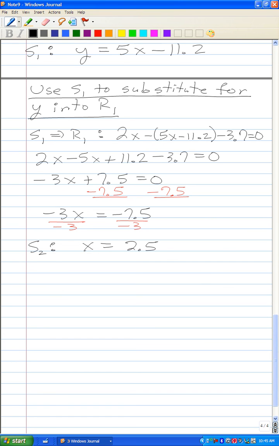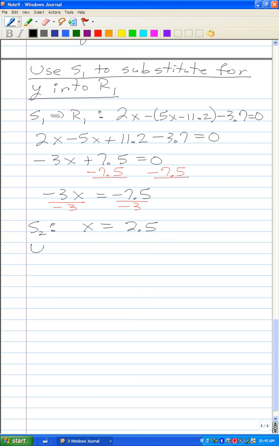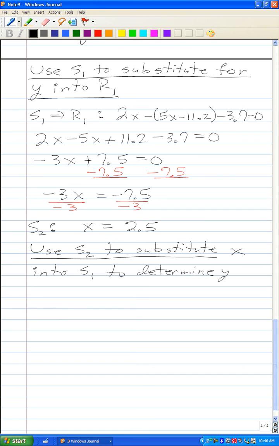Okay, so now let me use S2 to substitute into S1 to determine y. So let me do that.